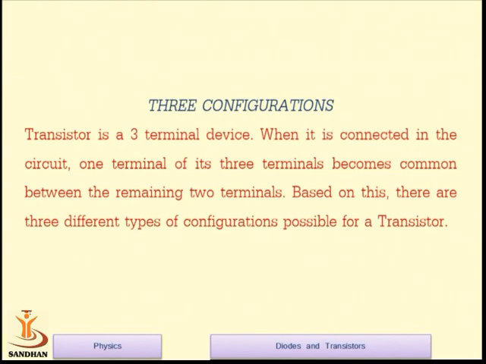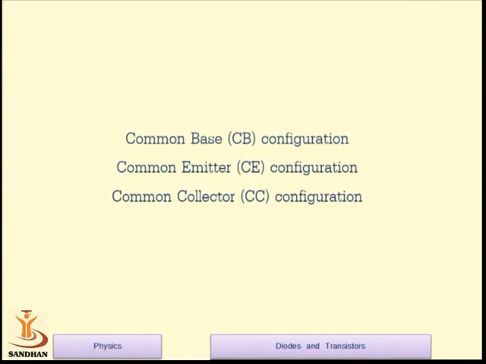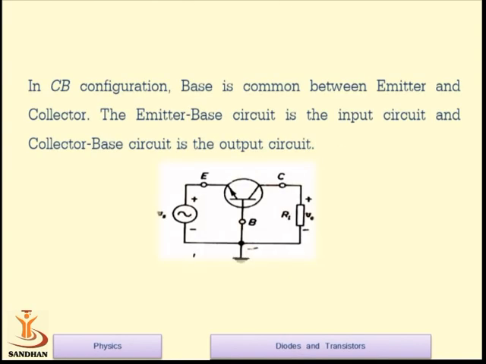So basically there are three configurations of the transistor, depending on the three terminals of the transistor. One is the common base configuration, another is the common emitter configuration, and the third is the common collector configuration. In the common base configuration, the base is common in input and output.